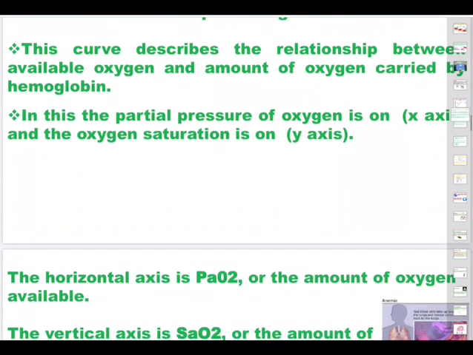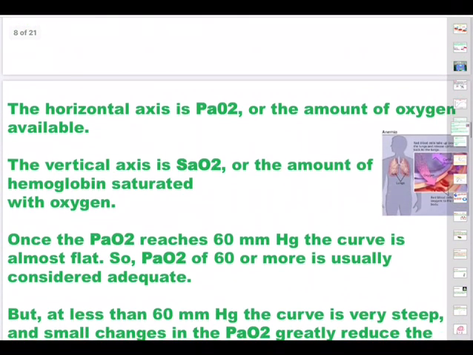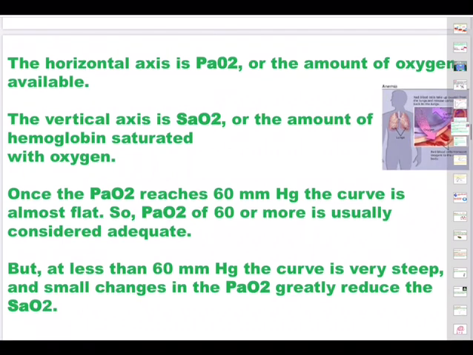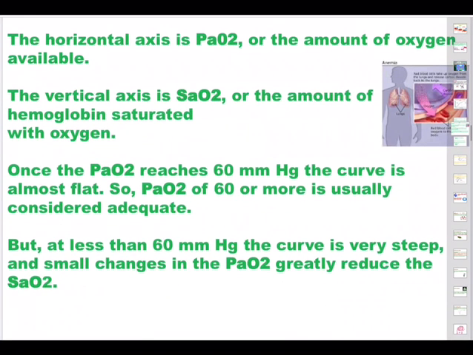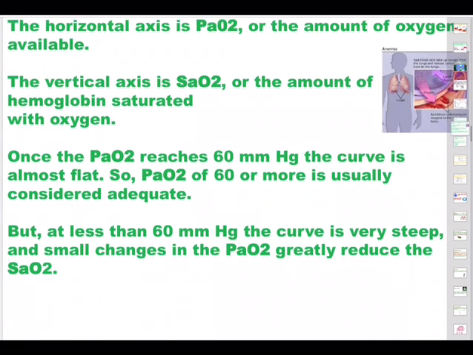In this, what is important? Partial pressure of oxygen is on the x-axis and oxygen saturation is on the y-axis. The horizontal axis is the PaO2, or the amount of oxygen available. The vertical axis is SaO2, the amount of hemoglobin saturated with oxygen.